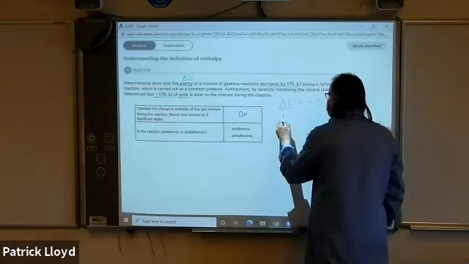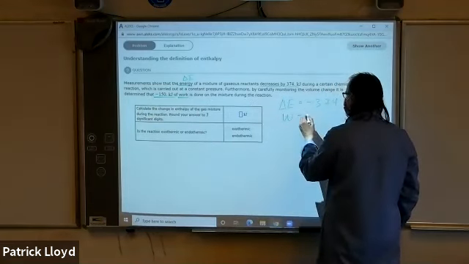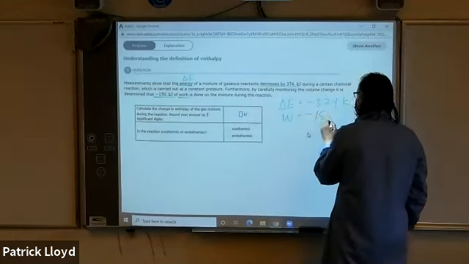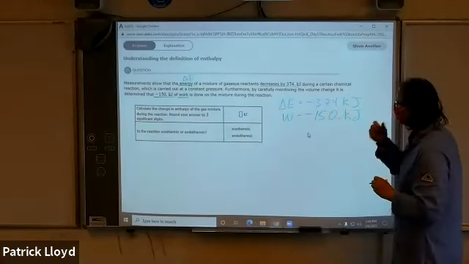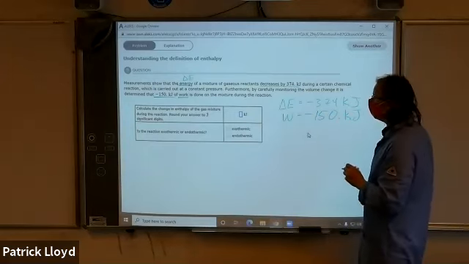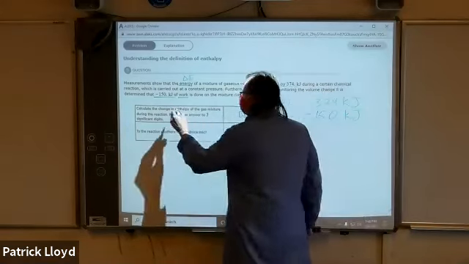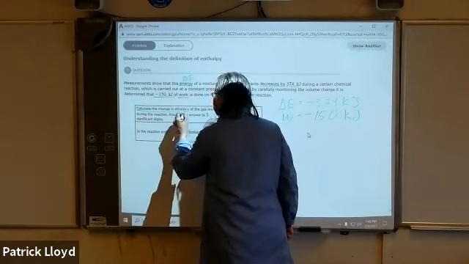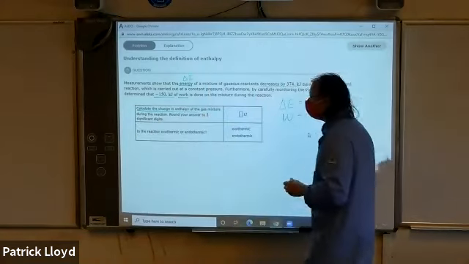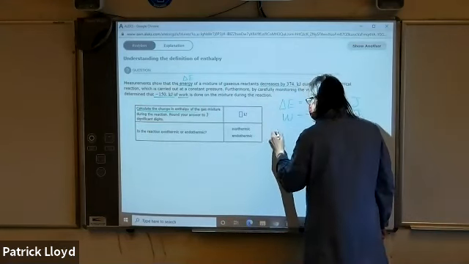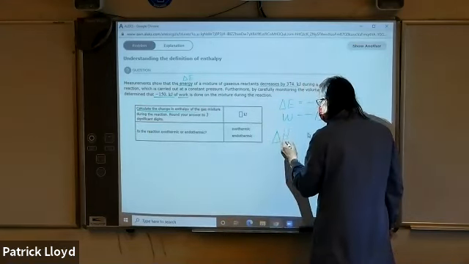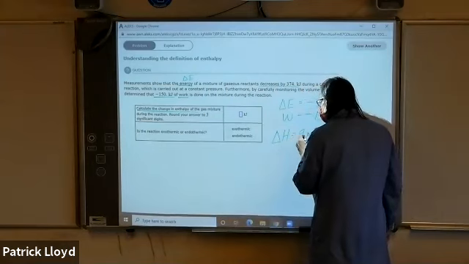So that's telling us W is equal to minus 150 kilojoules. Okay. And then they want us to determine the change in enthalpy, delta H. Well, it's a constant pressure. So that means the delta H is equal to Q, right?